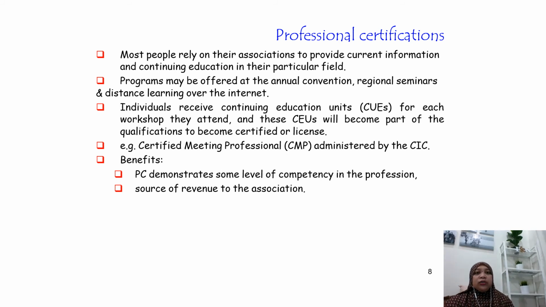Okay, so if you look here, it says the program may be offered at the annual convention. You can read this later. Where is the point? Individuals receive continuing education units for each workshop they attend, and this CEU will become part of the qualification to become certified or licensed. This is especially for events that involve professionalism.